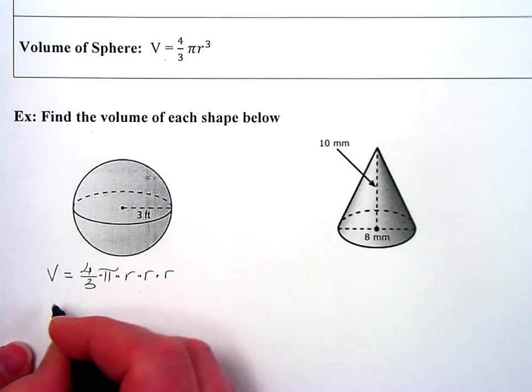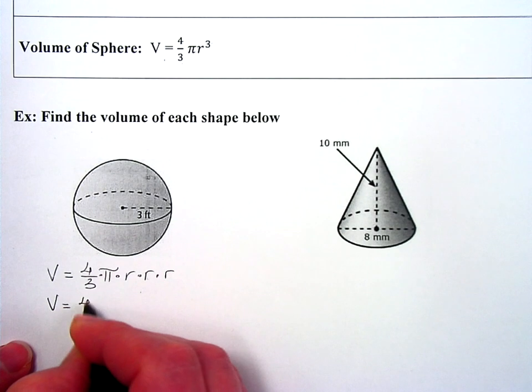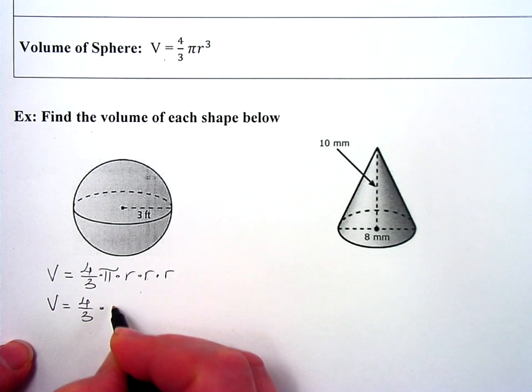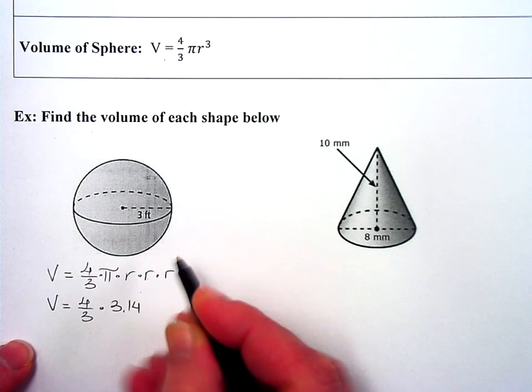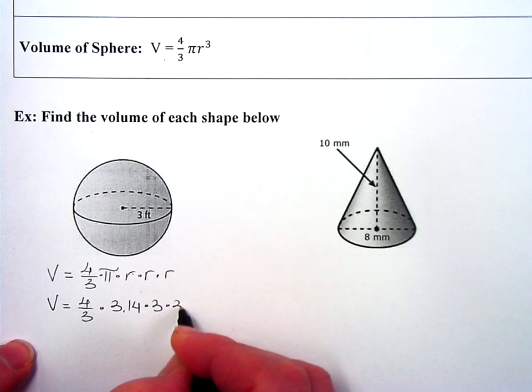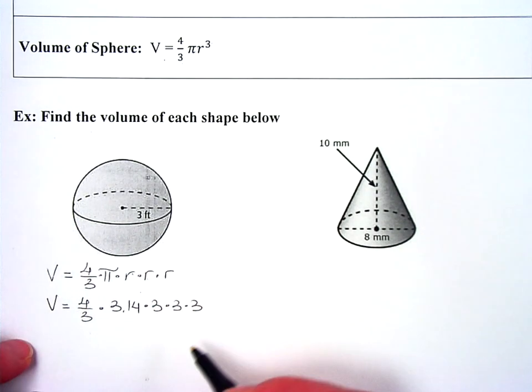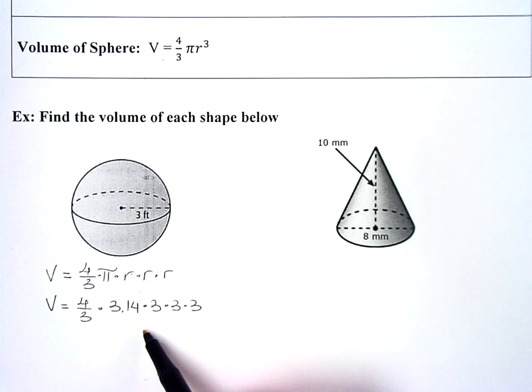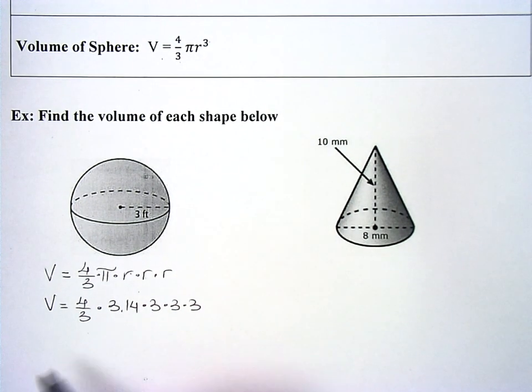And if we substitute in 3.14 for pi, and for radius we substitute 3, and then we put all of that into the calculator, we can find the volume of that sphere.